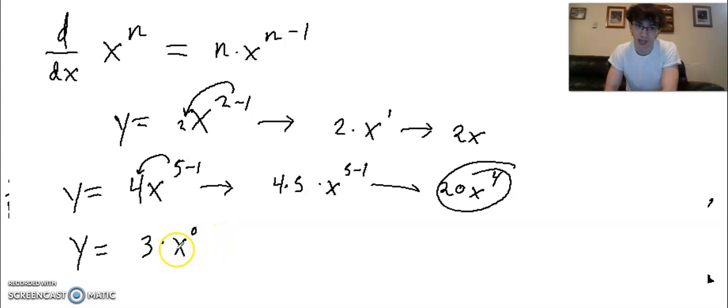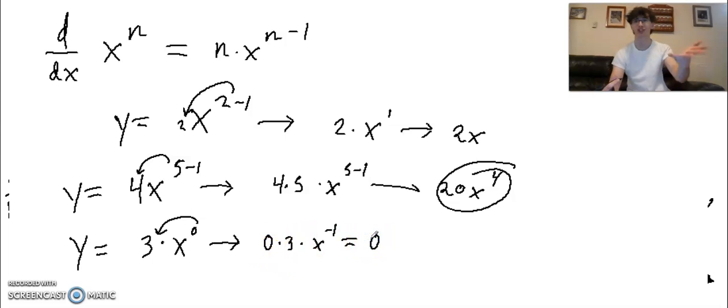So we can multiply by x to the 0. And if we bring out the 0 in front, 0 times 3 times x to the negative 1, because it's multiplied by 0, it's just 0. So that's our quick little proof that any derivative of a constant term, like 3, is just going to equal 0.